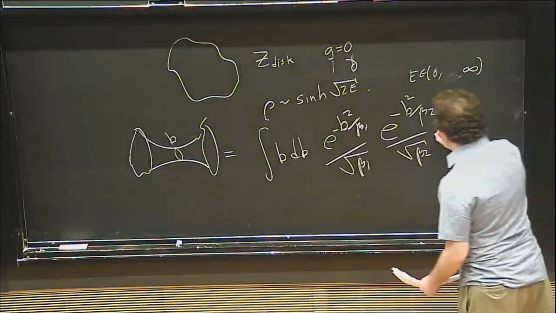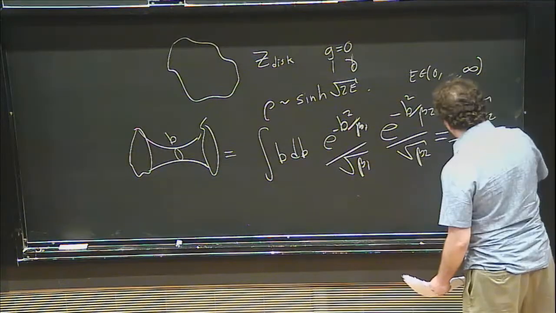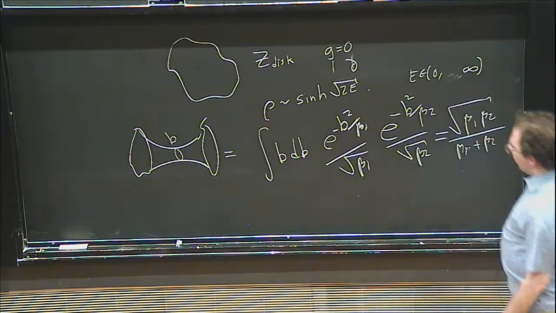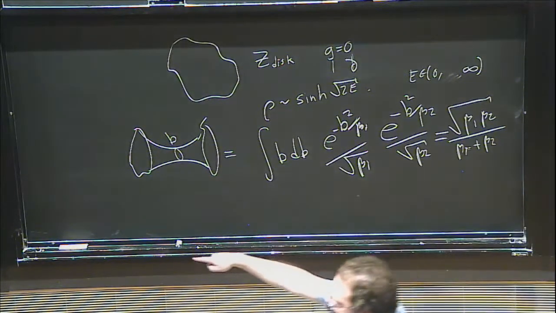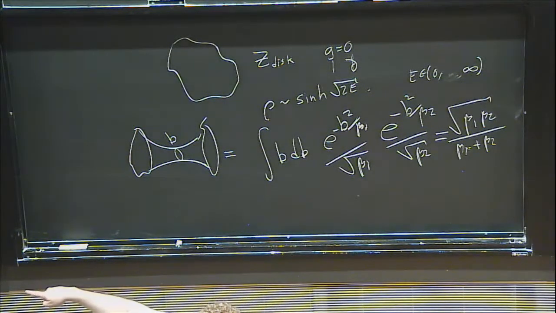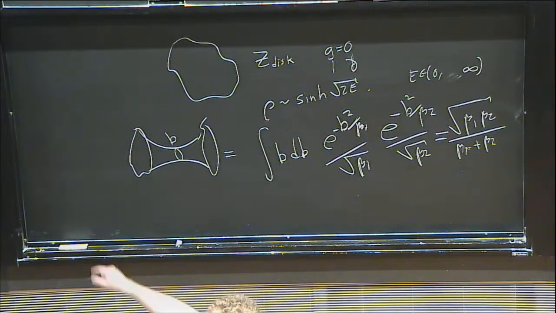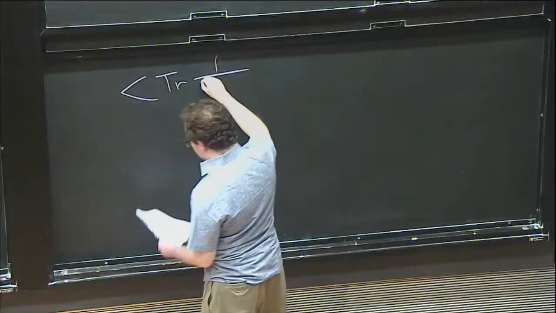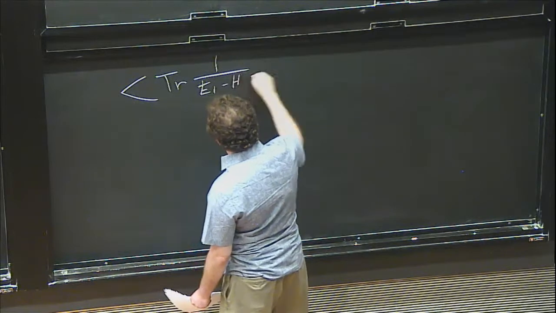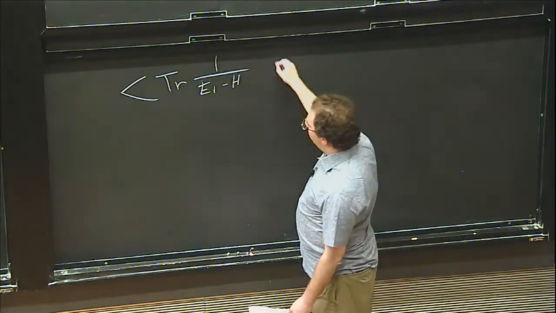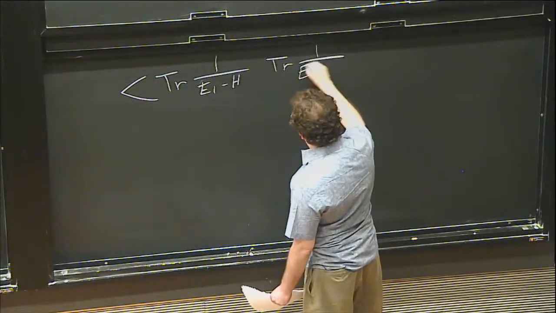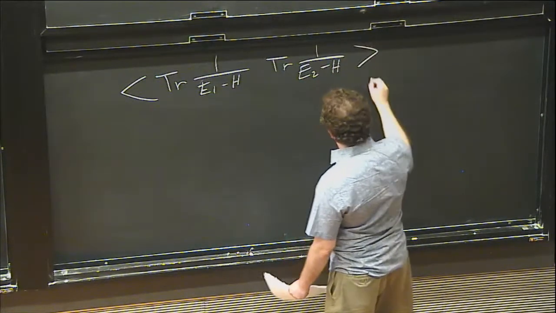And then this integral turns out to be very simple, and it gives you plus beta 2. And from this, if this is interpreted as the genus 0 connected contribution in that matrix model with 2 insertions of trace e to the minus beta h, you can do a functional transform to compute instead the connected 2-point function of the resolvent, which is trace of a number minus the matrix, 1 over a number minus the matrix, which is a very typical variable studied in matrix models.